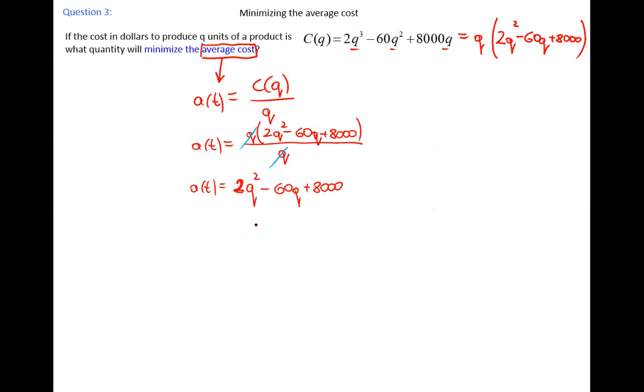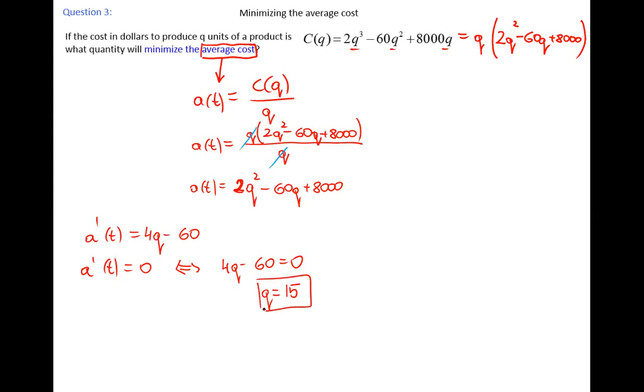In order to find a critical point, we have to find the derivative, and the derivative is 4q minus 60. The derivative is 0 if 4q minus 60 is 0. Solving for q, 60 divided by 4, it's 15. That's the critical point for the average cost, which occurs at q equals 15.